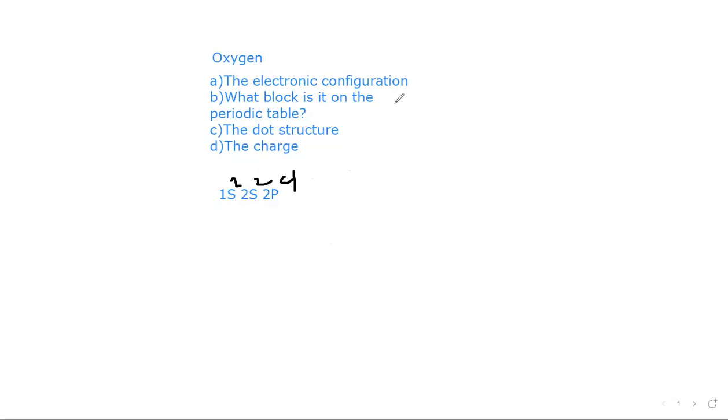It's on the P block. And the dot structure is this.